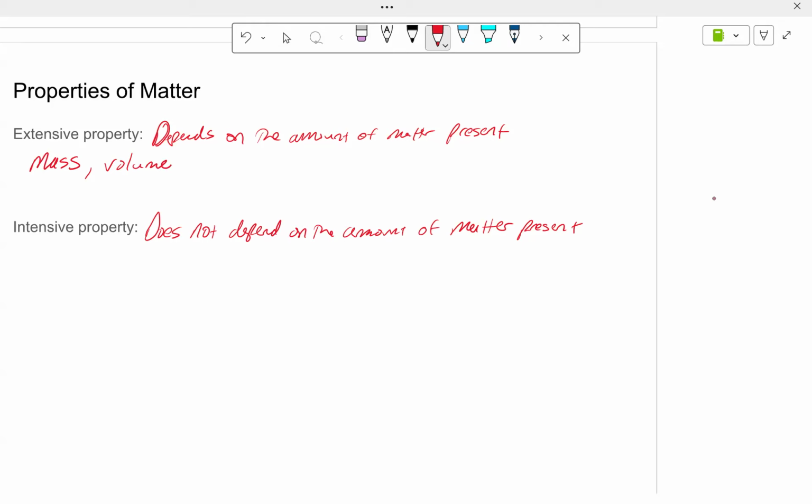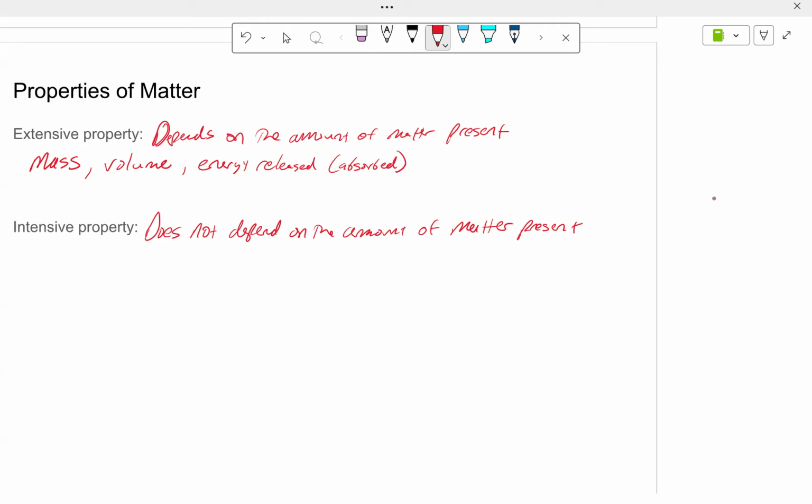Volume is matter dependent. You could have a milliliter of water, or you could have a whole liter of water. And so the volume that that water occupies depends on how much water there is. In regards to chemical reactions, for example, energy that's released or even absorbed depends on how much matter is present.